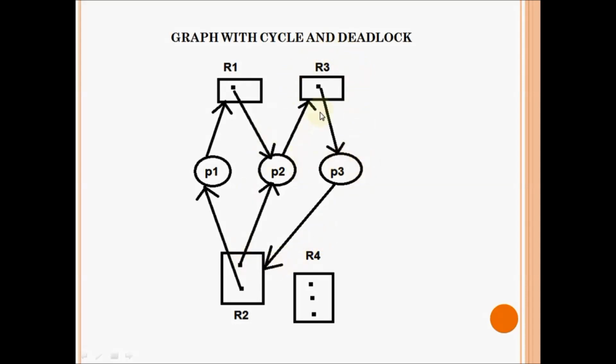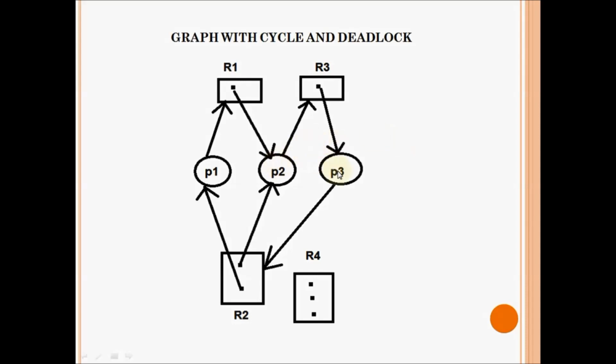P2 to R3, R3 to P3, P3 to R2, and R2 to P2, right? So in this graph, a cycle is there. Now we will check whether this graph contains a deadlock or not.